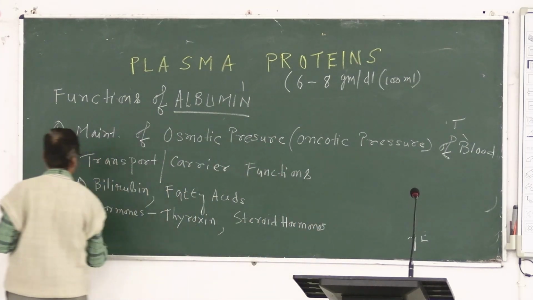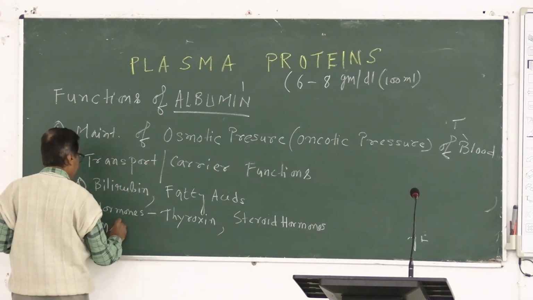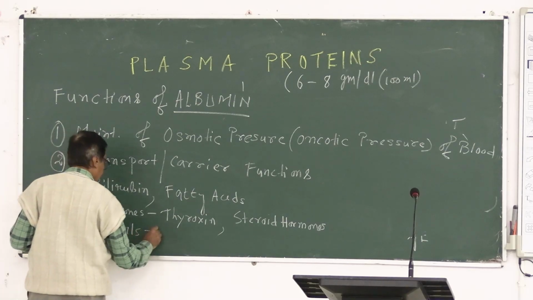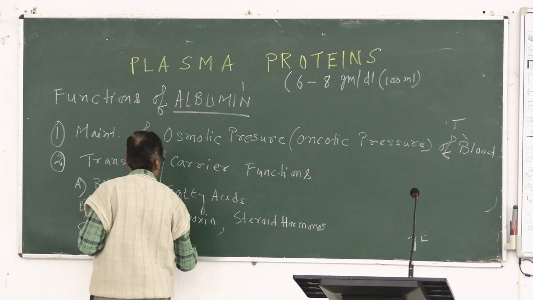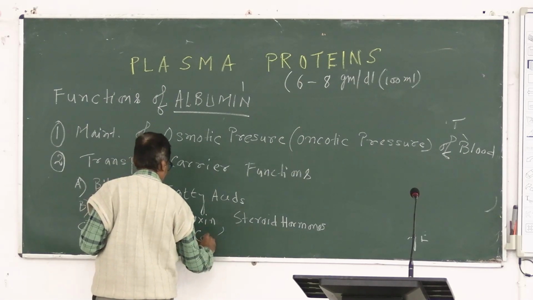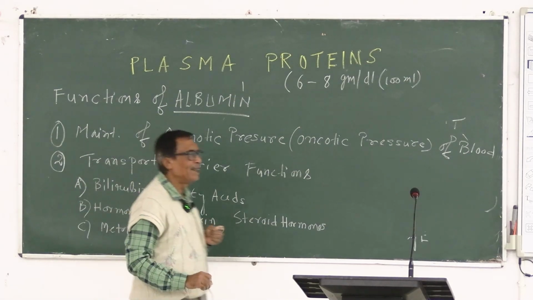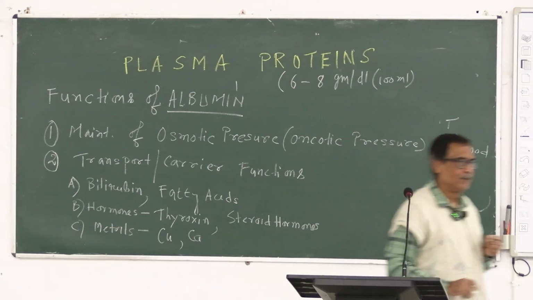Certain metals are also carried. What are the metals? One is copper, another is calcium. Copper and calcium are carried by albumin.